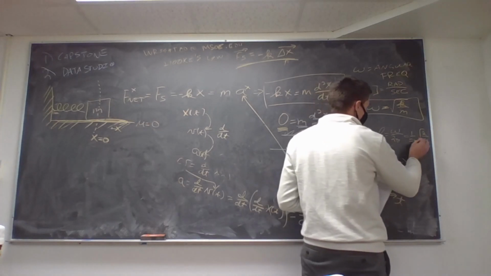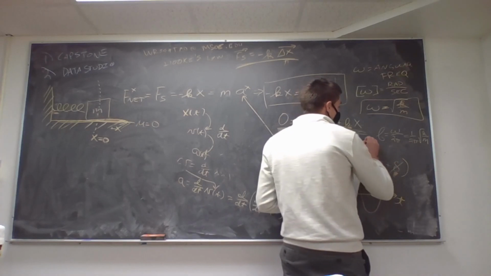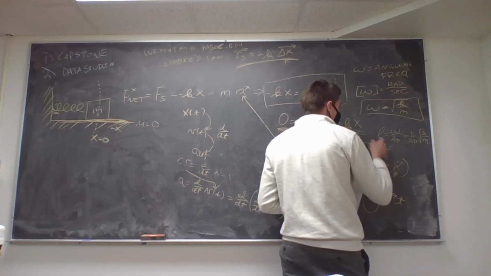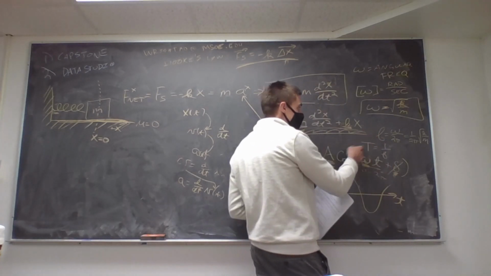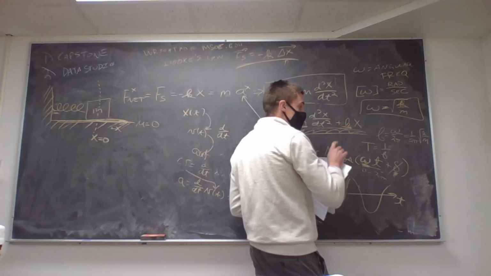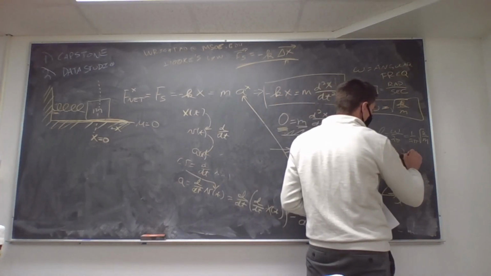So this will give you the number of oscillations per unit time. And the period T is 1 over the frequency, because frequency is number of oscillations per unit time. Period is amount of time per one oscillation. So the period is 1 over the frequency. In other words, it's 2 pi root m over k.